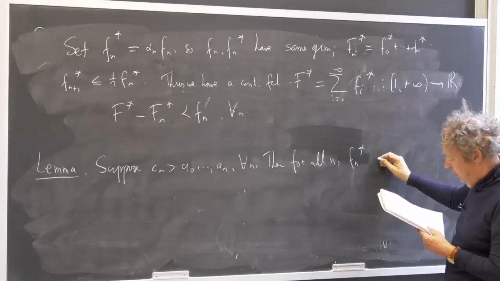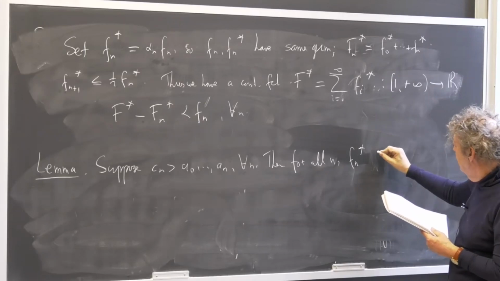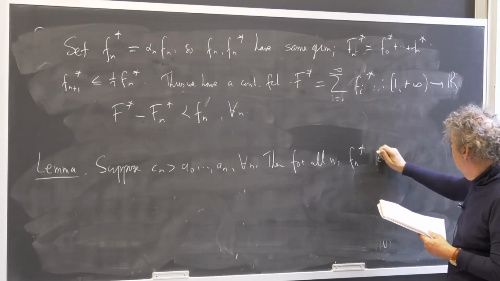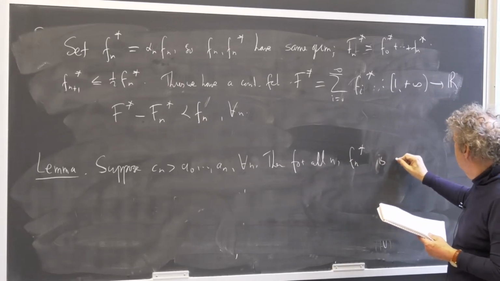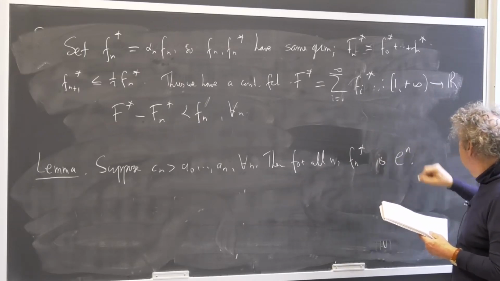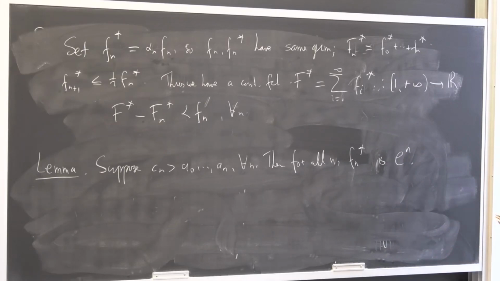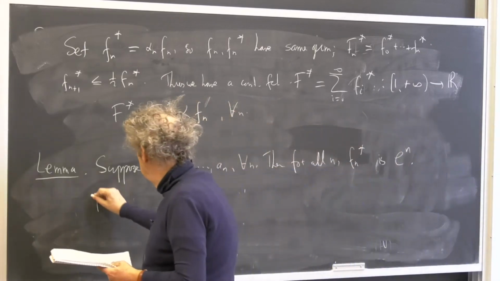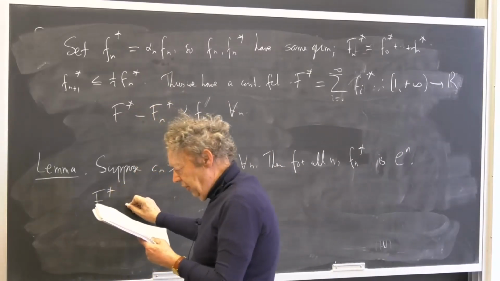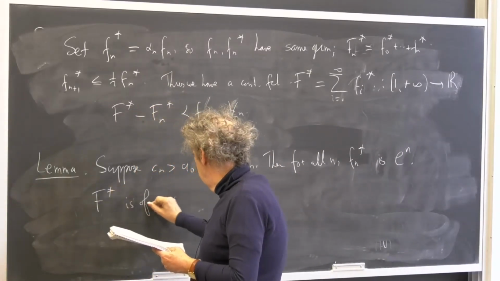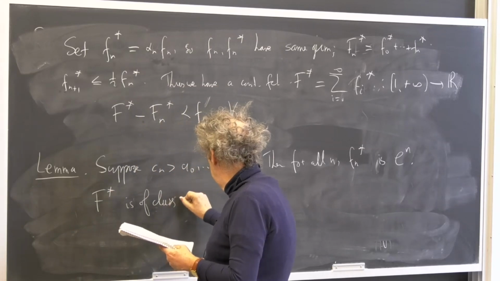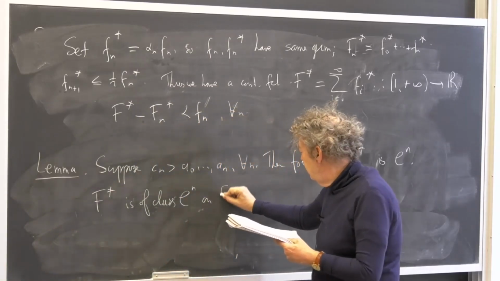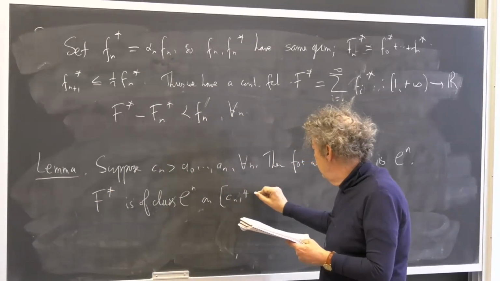Yeah, fn star as a function on one is Cn everywhere, not just eventually. But f star is of class Cn at least on the interval from Cn to plus infinity.